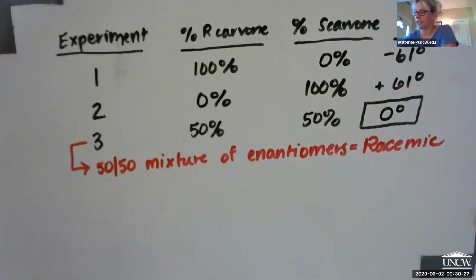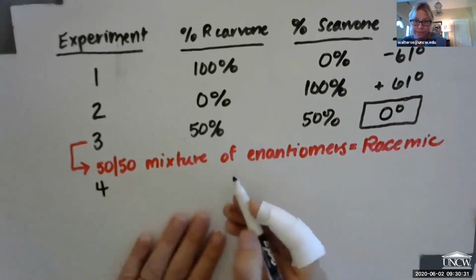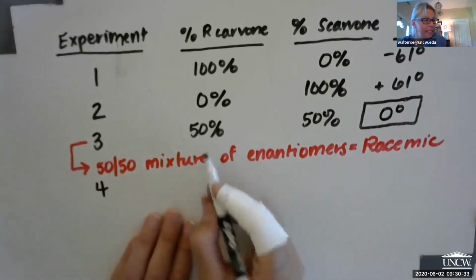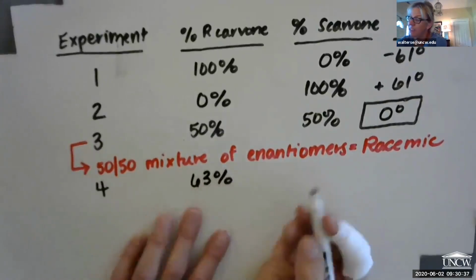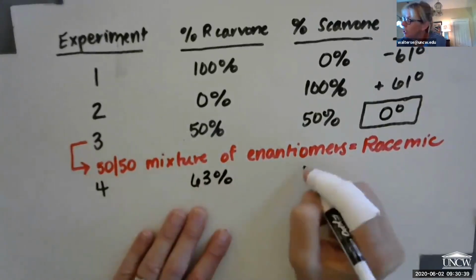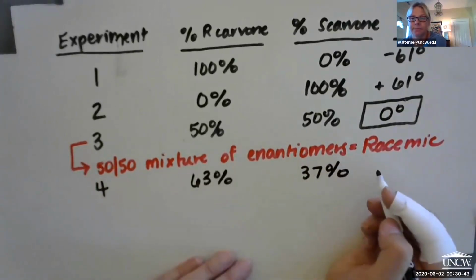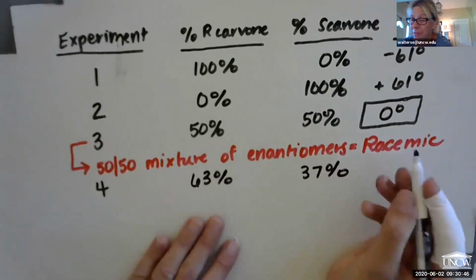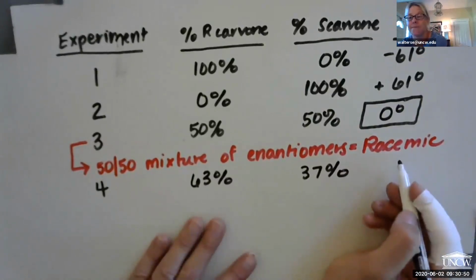Now here's a fourth experiment to think about. What happens if you had 63% R, 37% S? We don't do math so much in this class, so we wouldn't have to calculate the number.